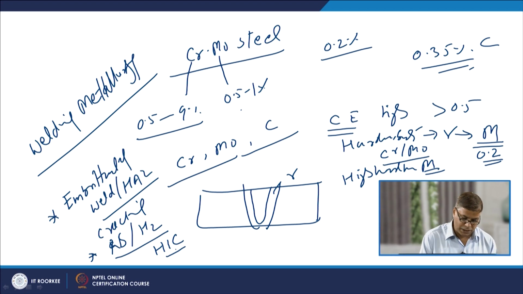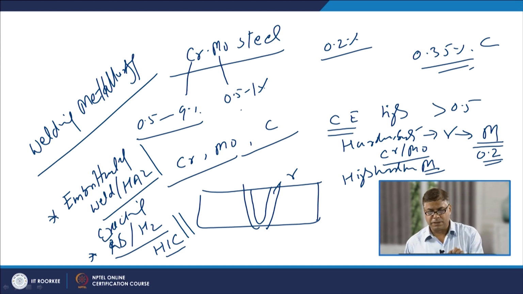So, these are the two aspects. One is the embrittlement of the weld and heat affected zone leading to cracking, and another is hydrogen assisted cracking due to the presence of residual stresses and hydrogen in the welding environment.